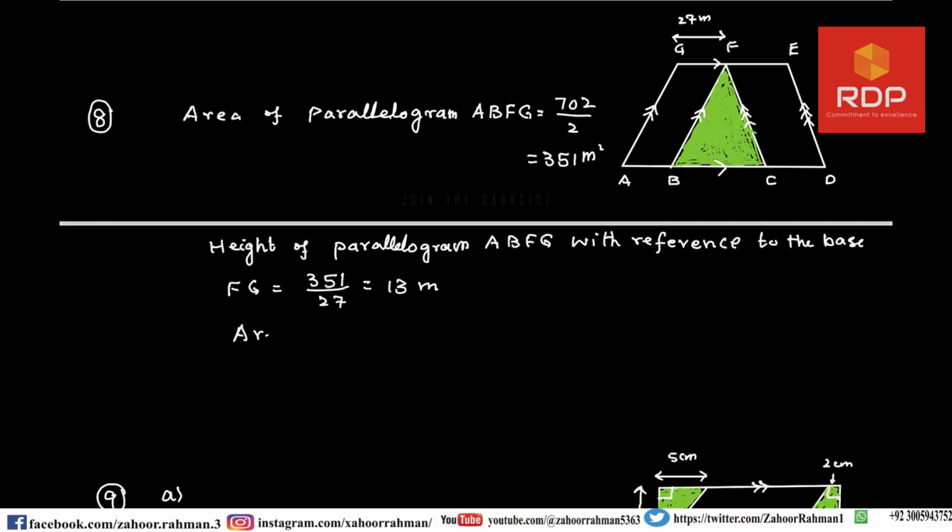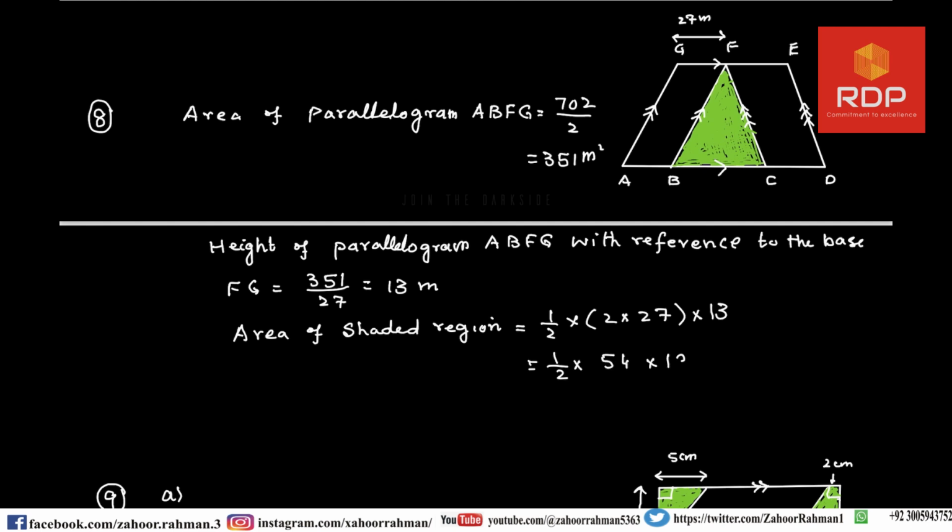So area of shaded region is equal to 1 over 2 into 2 into 27 into 13, which is equal to 1 over 2 into 54 into 13.